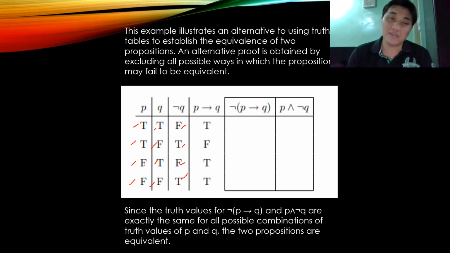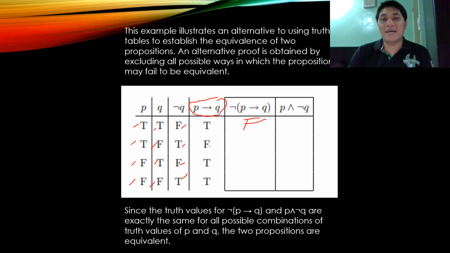Then false and true is true. Both false will be true. So let us get the negation of P implies Q. If P implies Q is true, the negation will be false.